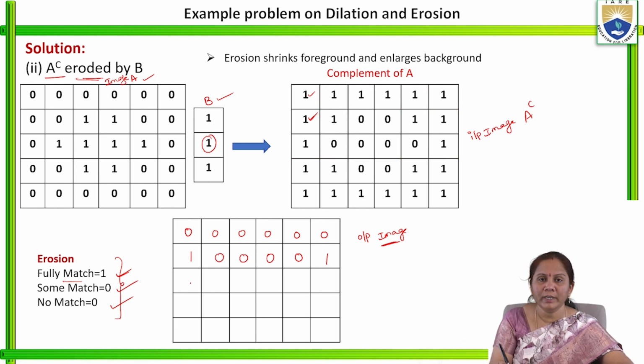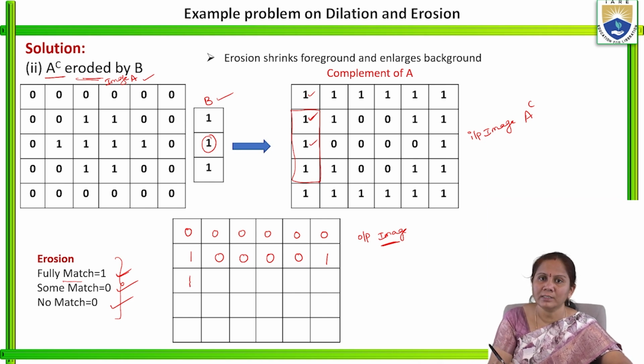In order to find the next element, that is this element, we have to shift the structuring element such that this pixel value becomes the center pixel value. Now the structuring element will look like this. Compared with the structuring element, all the pixel values are fully matched.